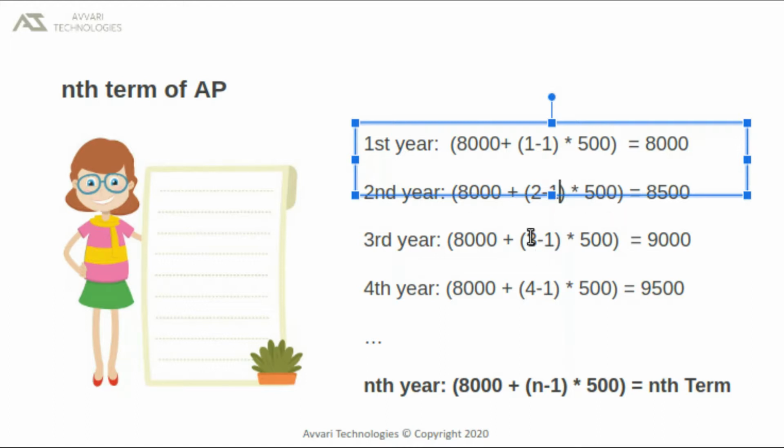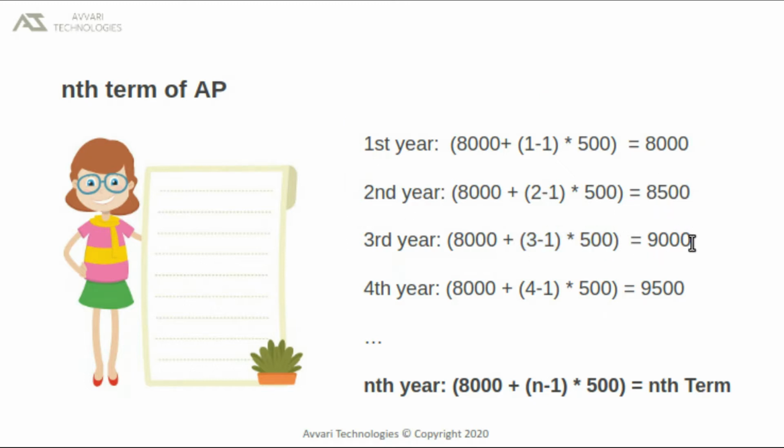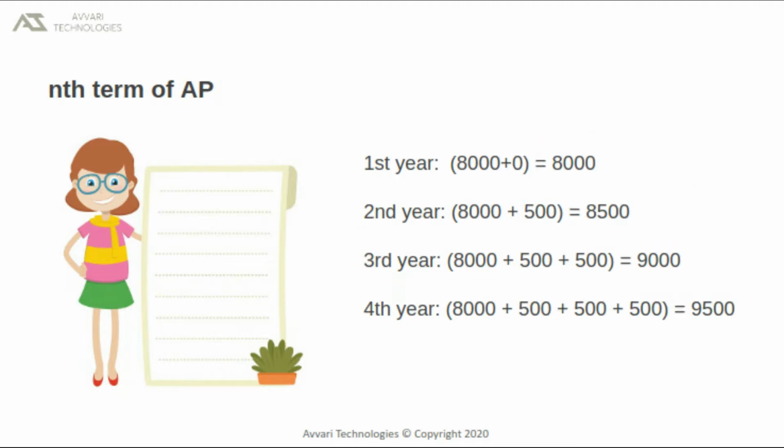In the third year, she got again an increment. We can write it as 8,000 plus third year minus 1. This makes 2. 2 into 500 is 1000. 1000 plus 8,000 is 9,000. You can verify whether the numbers are consistent with the previous slide.